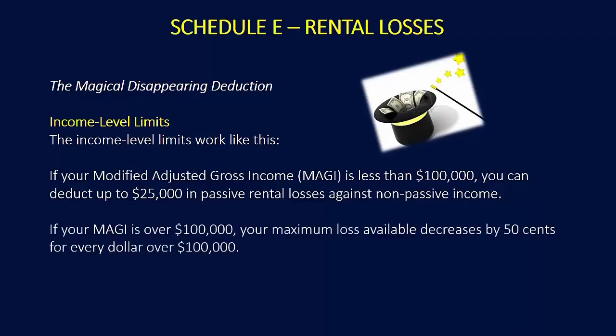If your modified adjusted gross income is over $100,000, your maximum loss available decreases by 50 cents for every dollar over $100,000. The maximum loss is completely phased out at a modified adjusted gross income level of $150,000.